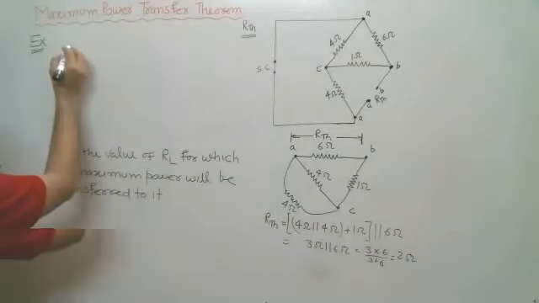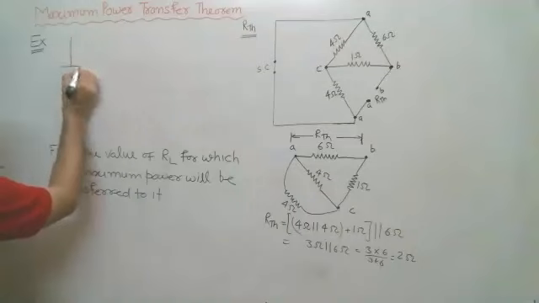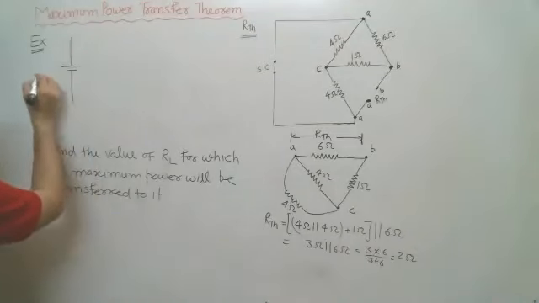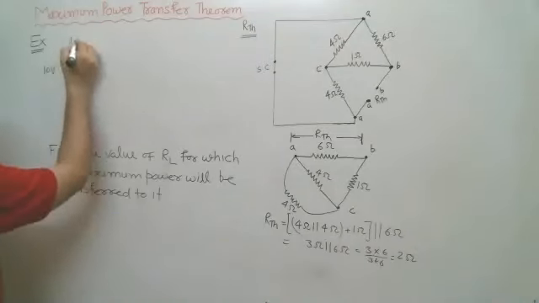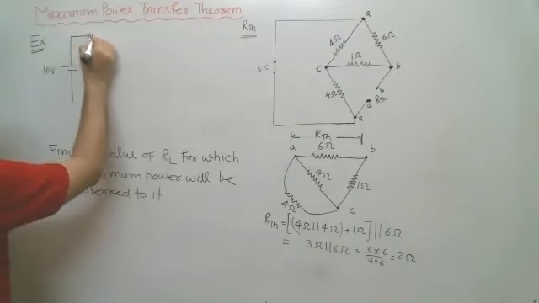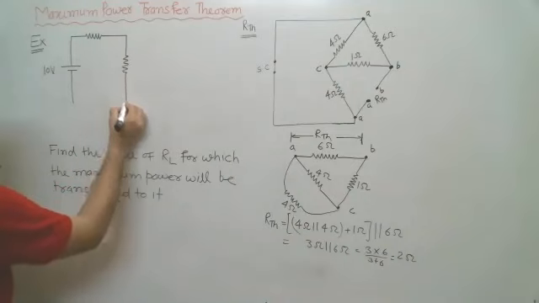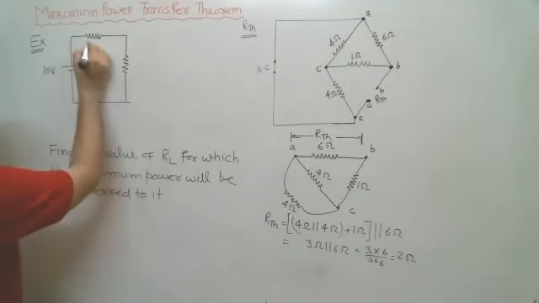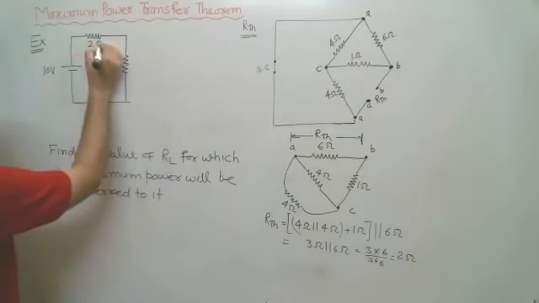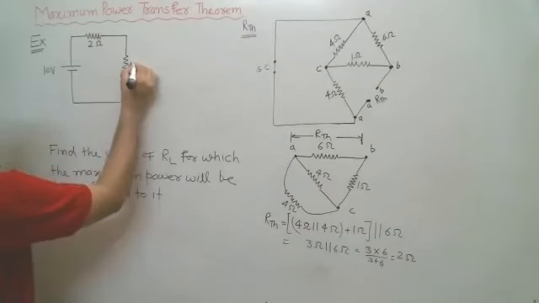Next example. This is 10 volt. This will be 2 ohm. This is 4 ohm.